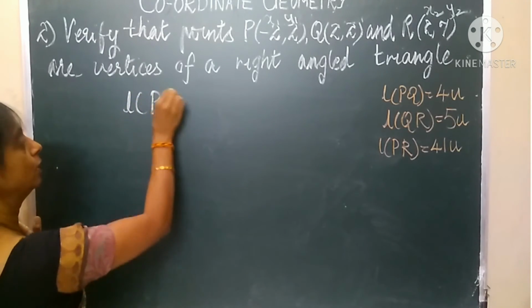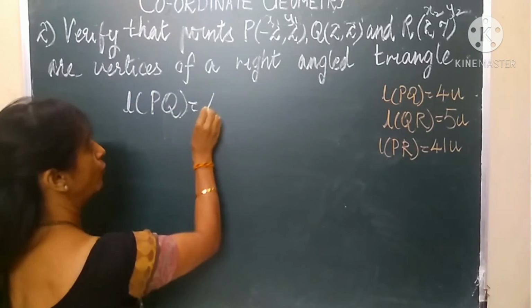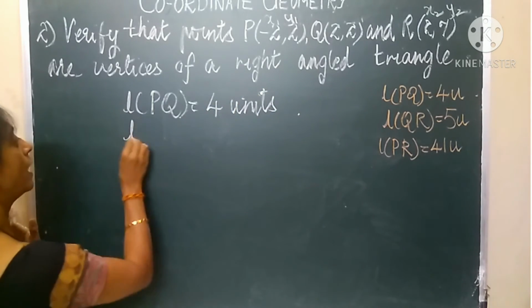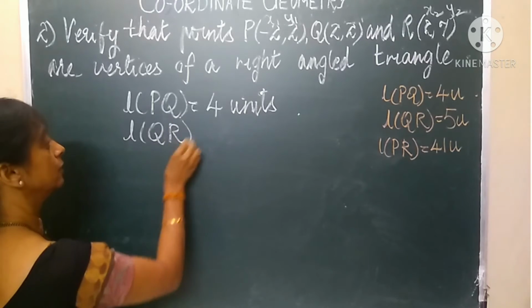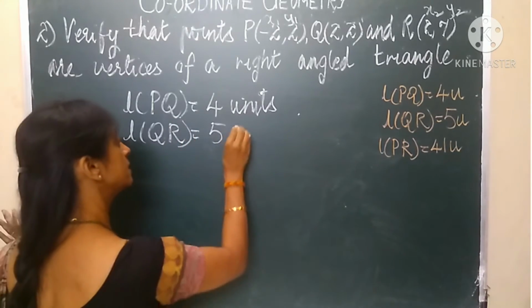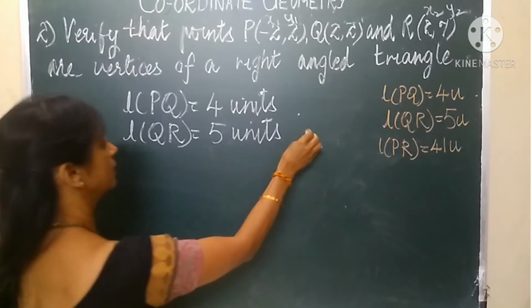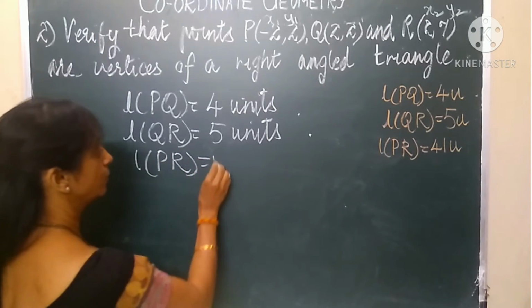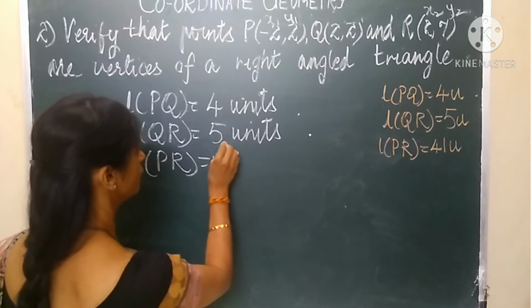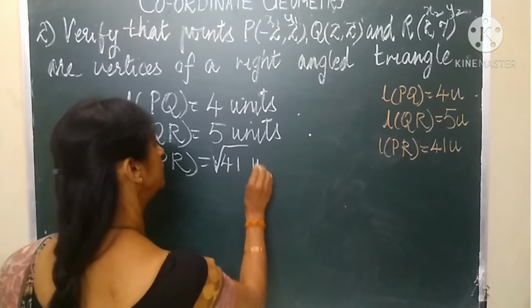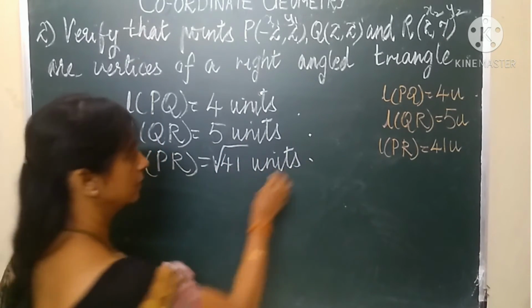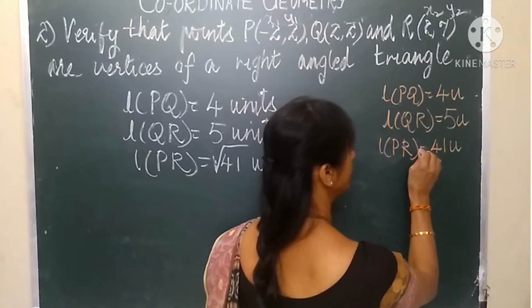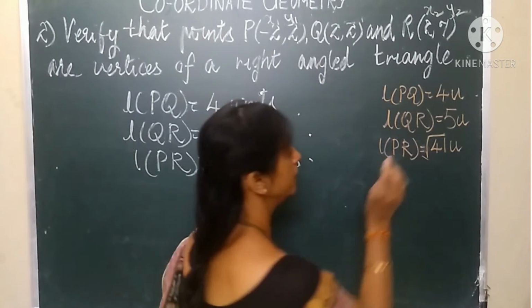We got length PQ as 4 units, length QR as 5 units, and length PR is equal to root of 41 units.